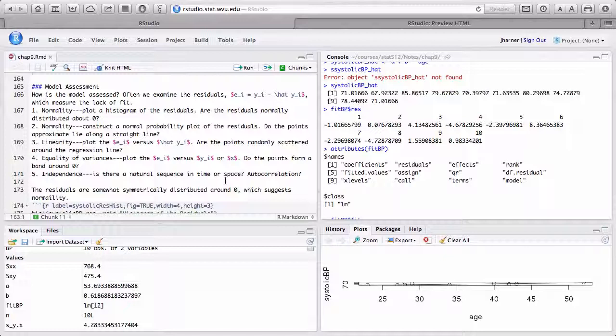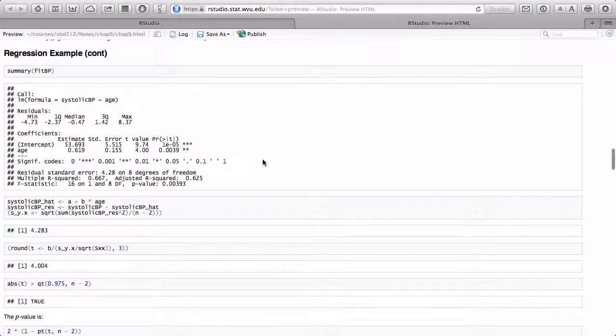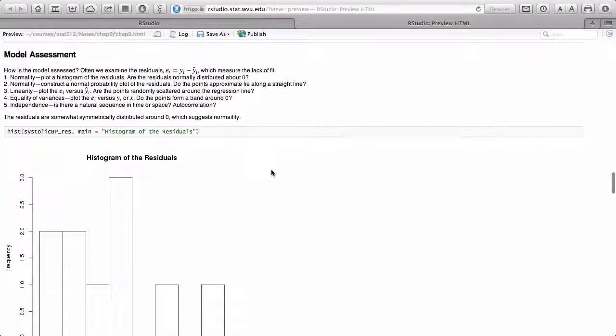I said that we assumed a linear model, but maybe it's not linear. It may be easier to look over here to read those a little better. So we're talking about linearity now.